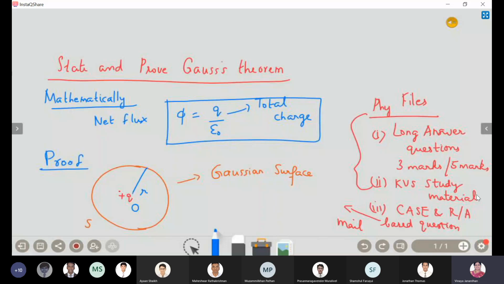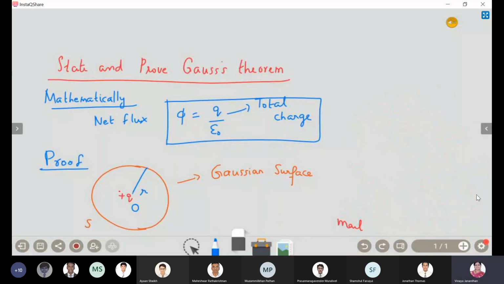So how will I find the electric field at any point on the sphere? What is the electric field due to an isolated charge at any point? E is equal to 1 by 4 pi epsilon naught Q divided by r square.